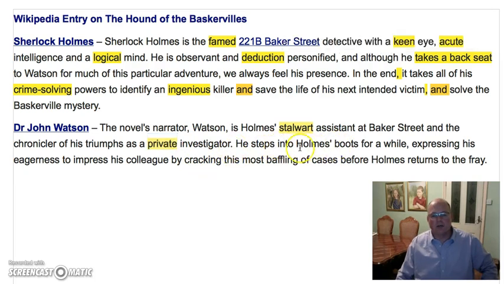He steps into Holmes's boots again. That is another metaphor, another bit of idiomatic language, that language you remember that we'd use as native speakers of English, but you'd have to know the language really well to understand what the metaphor was about.